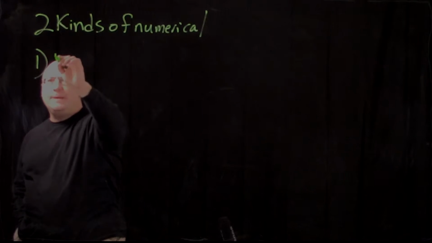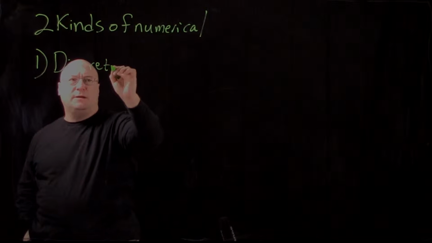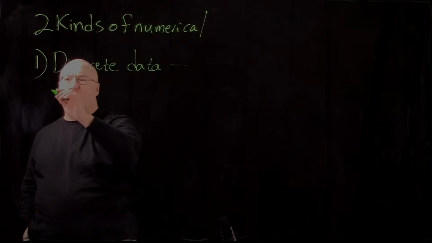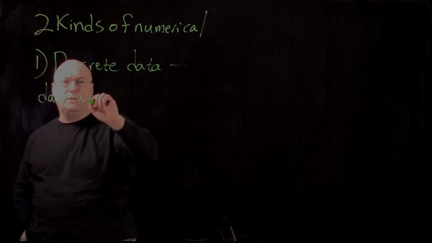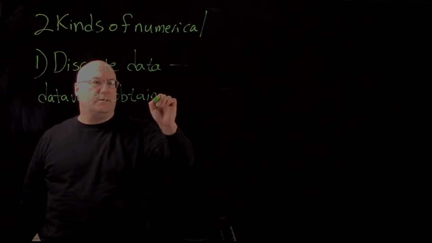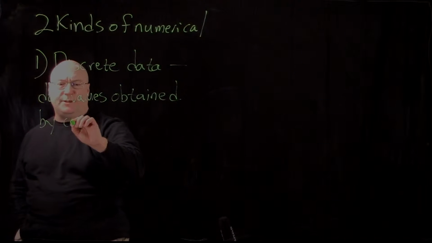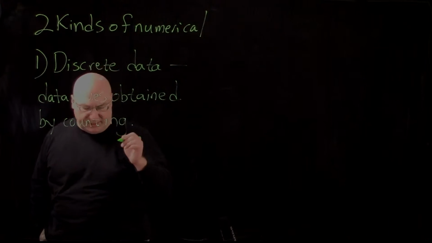One, we call it discrete data. And these are where the data values are obtained by counting. Each data value is obtained by counting.